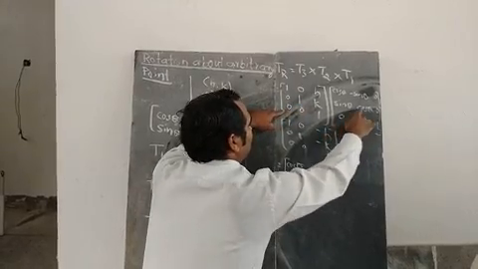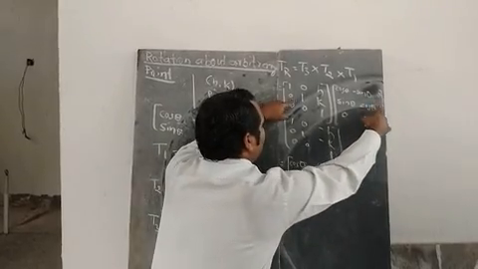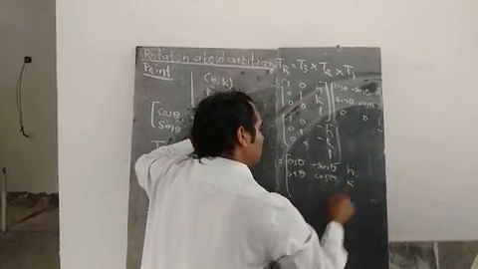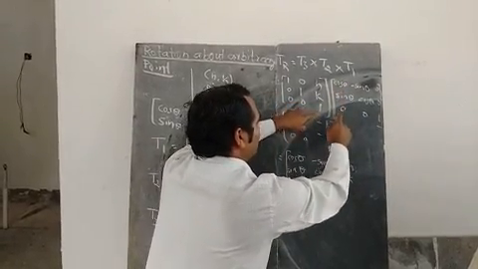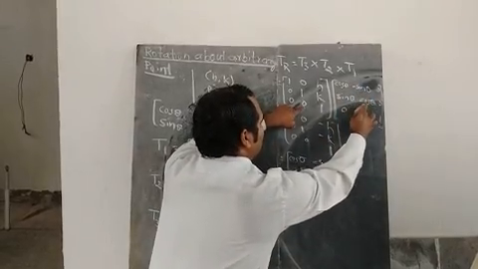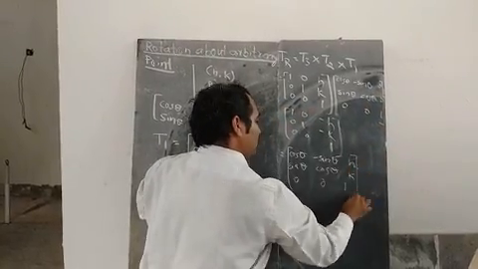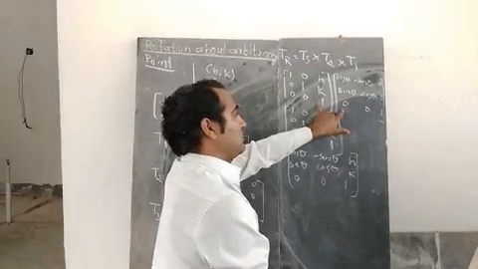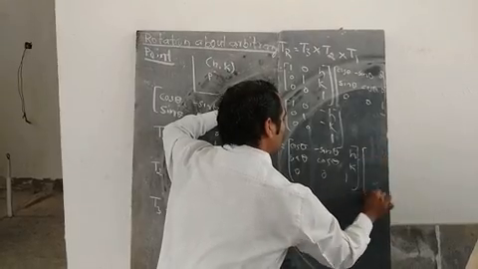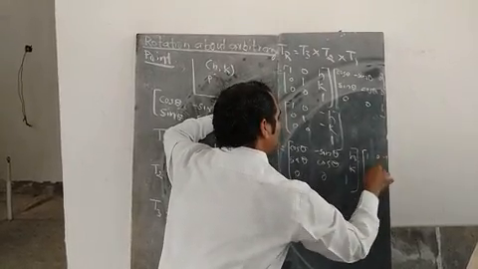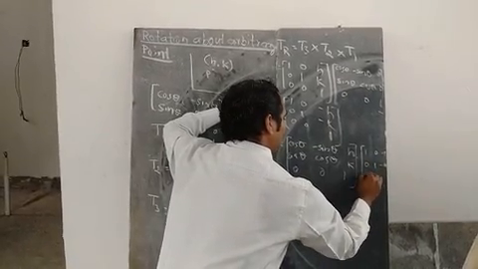And then 0, and here 0 0 and k, so it is k. The last row will be 0 0 1. So these two matrices I have multiplied, and then multiply this matrix, 1 0 minus h, 0 1 minus k, 0 0 1.